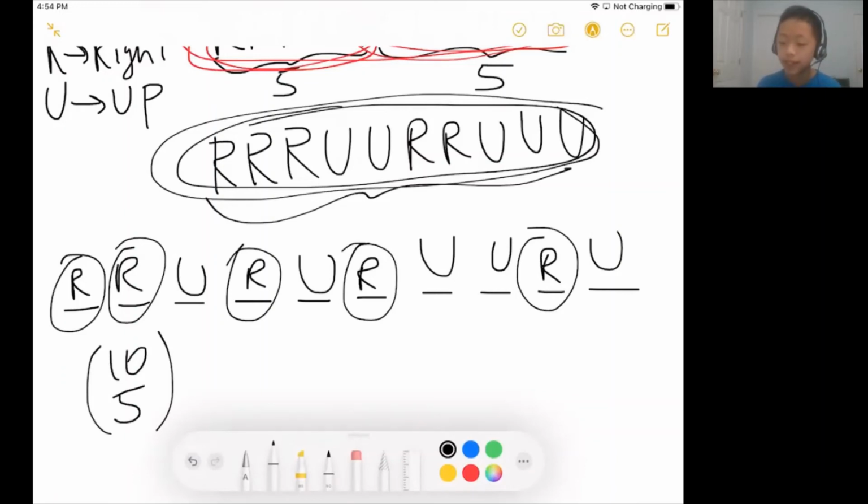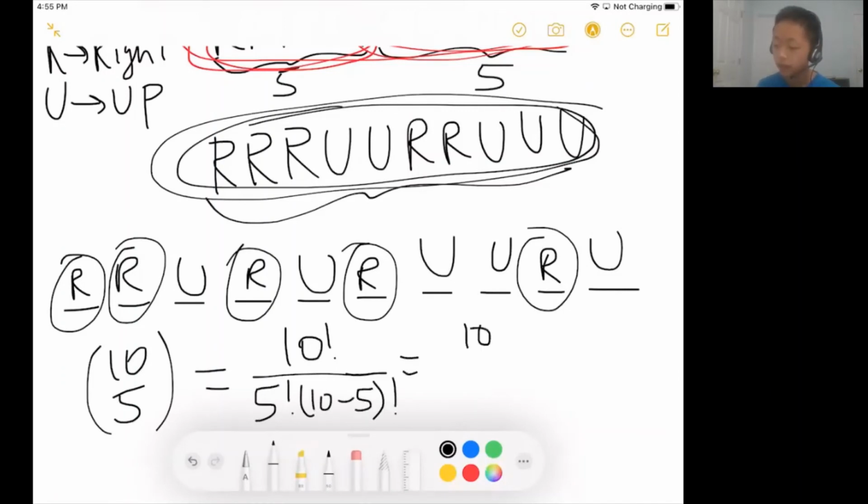So that tells us there are just 10 choose 5 possible strings you can form from 5 R's and 5 U's. If you were to calculate this combination using the combination formula, this is 10 factorial divided by 5 factorial times (10 minus 5) factorial, so 10 factorial over 5 factorial times 5 factorial.